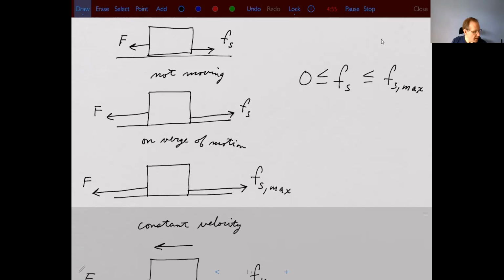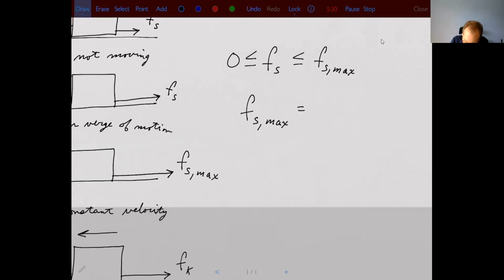Now, there's a nice model for how to compute that maximal static frictional force. So this comes from experiments. It's not exact, but it's a fairly decent model. And what it says is that Fs max is proportional to the normal force. And that proportionality constant we call mu s.